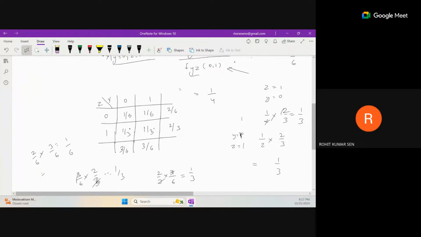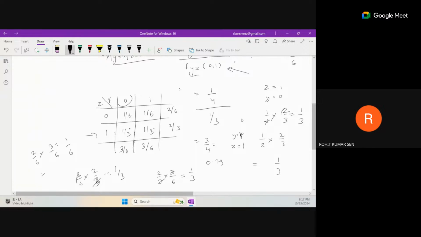And what is fyz of 0 comma 1? That is y0 and z is 1, right? y0 this value and z this value. So it will be 1 by 3, so it will be 3 by 4, which is 0.75.